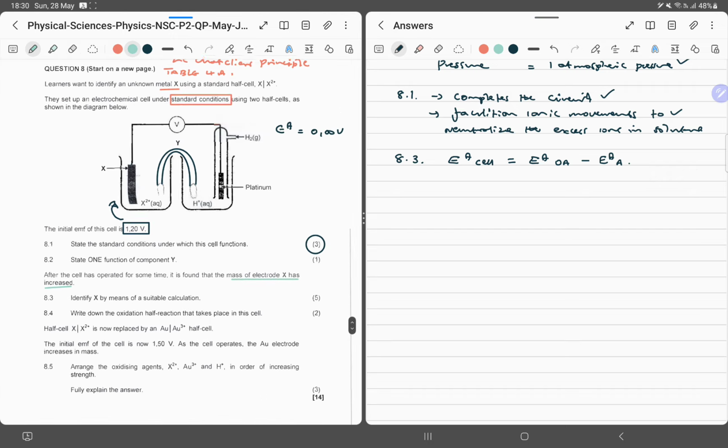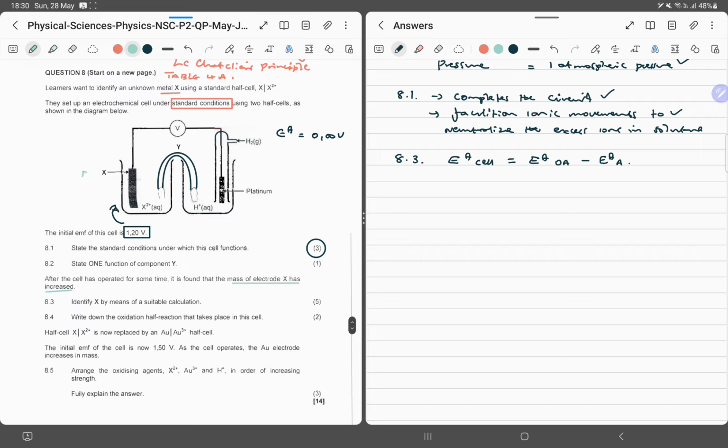So if electrode X has an increase in mass, this means this is the cathode. The cathode in a galvanic cell always increases in mass, and that means this is the oxidizing agent.